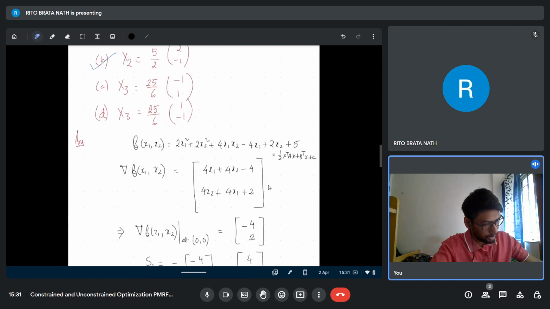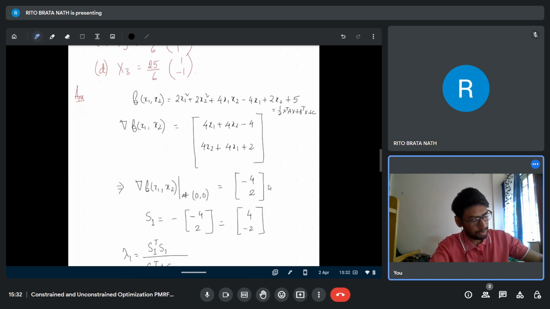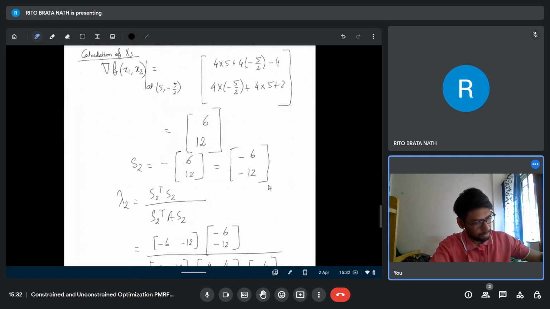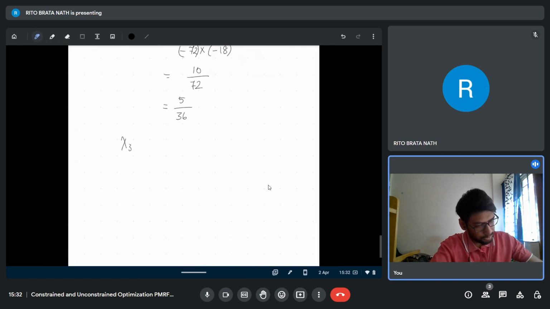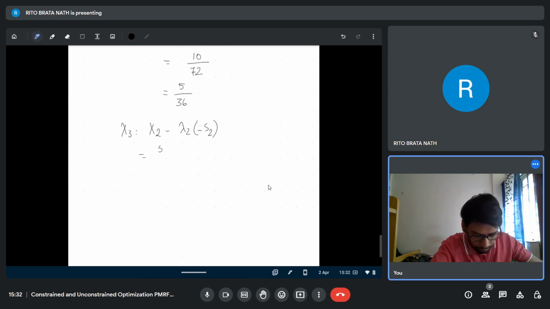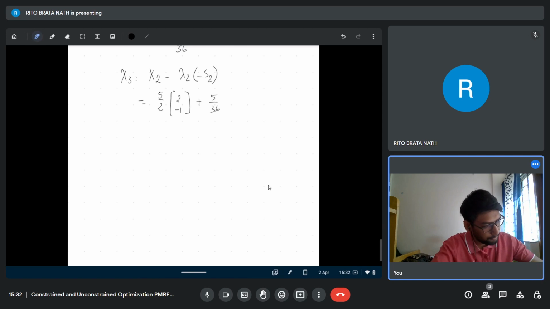So let me just check. 5 by 36, okay, that's interesting. So x3 is x2 minus lambda 2 times minus of x2. So we had 5 by 2, 1 minus 1 plus 5 by 36, and for x2 was minus 6 minus 12.